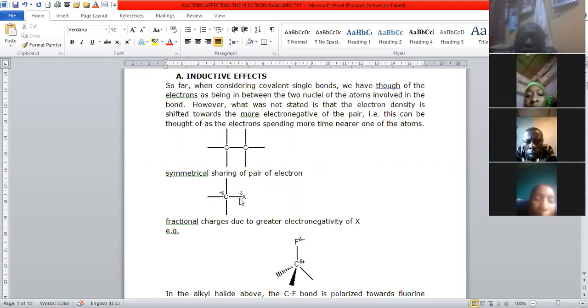Therefore, this bond is polarized. That electronegative atom will have a partial negative charge, and carbon will have a partial positive charge. In this case, we say we have a dipole.